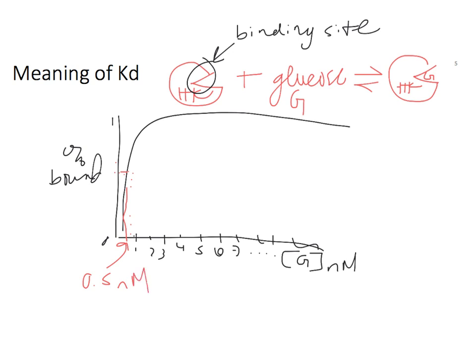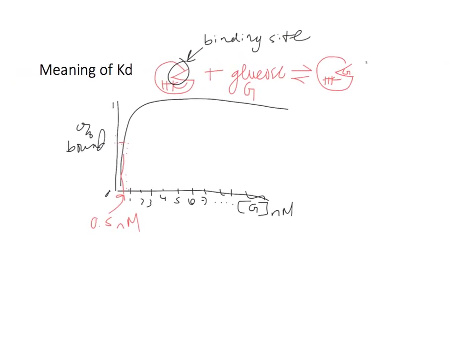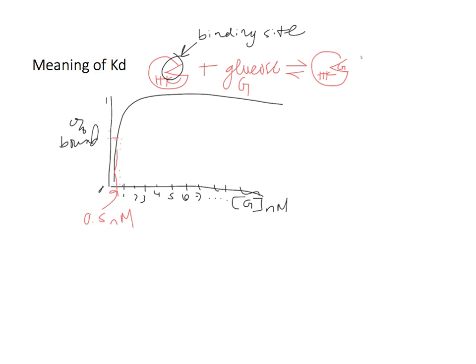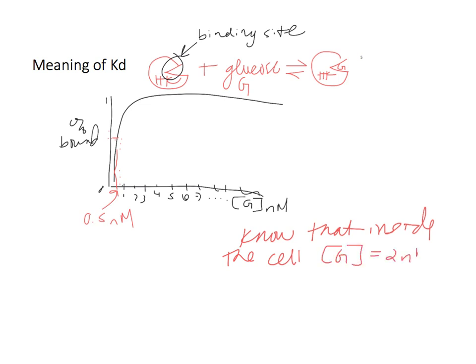Okay, so what does that mean? All of this is measured outside of the cell. KDs are measured outside of the cell where you have just the protein and you have just the ligand and you combine them, and there's a number of different techniques you can use to find the KD. So how is this even relevant? Let's say that you know that inside the cell, the concentration of glucose is 2 nanomolar.